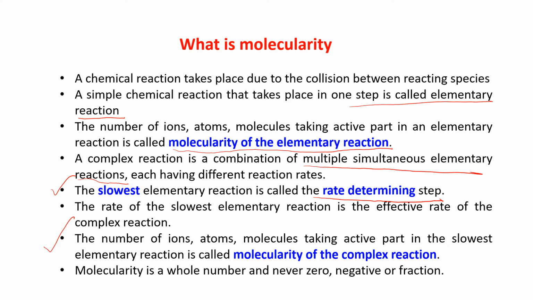Now, molecularity is a whole number and can never be zero, negative or fraction, but order of reaction can be zero, can be negative, can be even a fraction also. But molecularity is a whole number. It is never zero, negative or fraction.